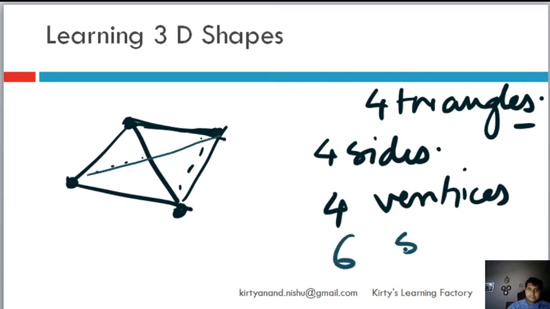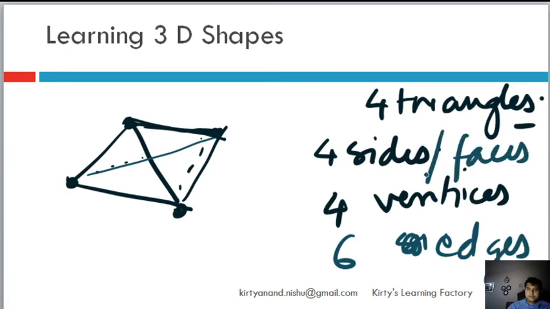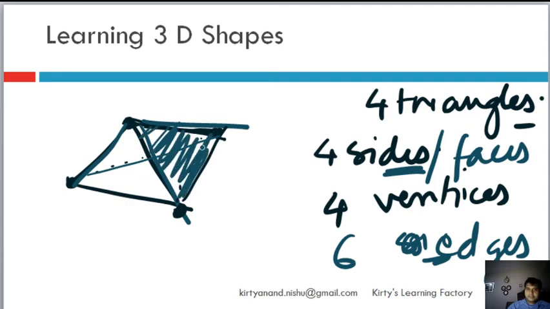So there will be 6 edges. The sides are basically faces. So don't confuse sides with edges. Edges are these edges that you see, right? And sides or faces are the whole surface. This is a face. So 4 triangles and therefore 4 faces. So that is the definition of a prism.